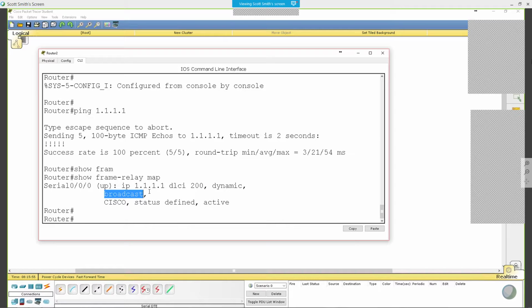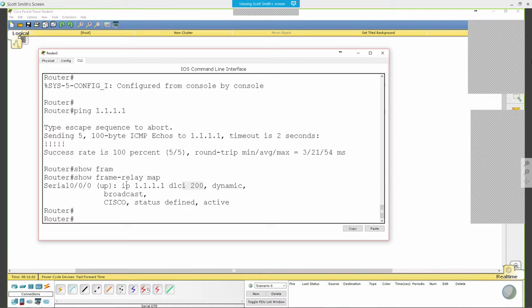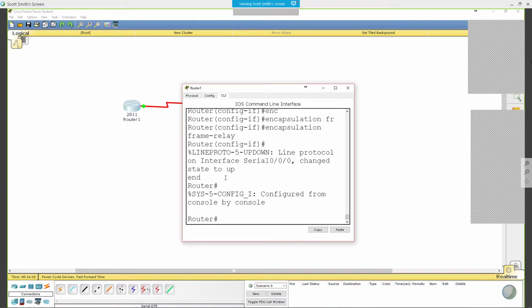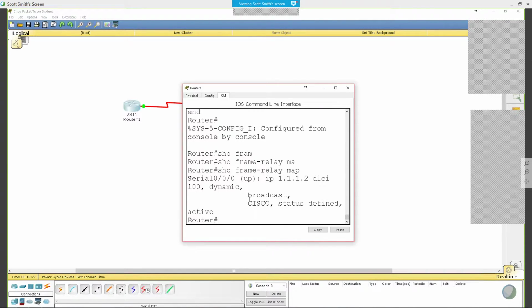DLCI 200, which is the DLCI on the right, remember? DLCI 200 maps to 1.1.1.1, which is the IP address on the other side. Follow me? So on this router, I should see DLCI 100 maps to 1.1.1.2. Show frame-relay map. And sure enough, DLCI 100 maps to 1.1.1.2.